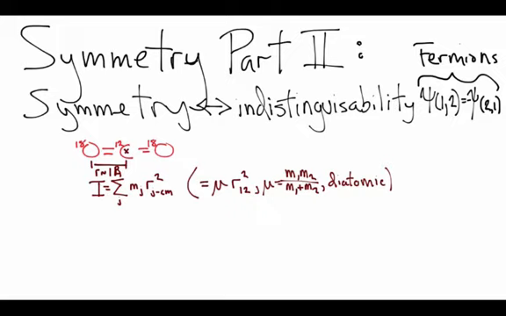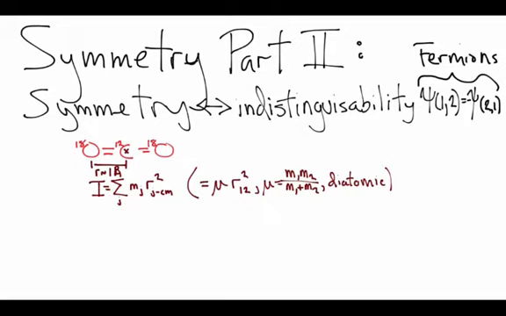I have one of the masses on one end, so I have 1/4 mass times that distance squared, and then the other one on the other end, another 1/4 mass times that distance squared. There are two of them, and so overall I get 1/2 times the mass times the overall bond distance squared. And if I look at the reduced mass of a symmetrical homonuclear diatomic, mass times mass over mass plus mass is 1/2 the mass. So it clearly works for the diatomic case, and it does in fact work in general.